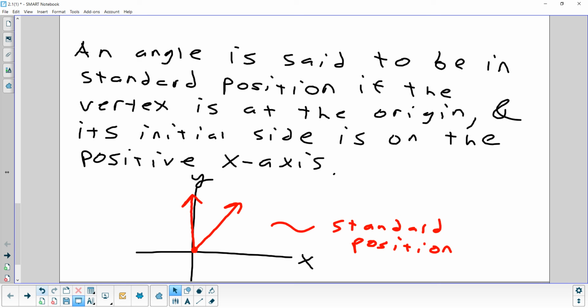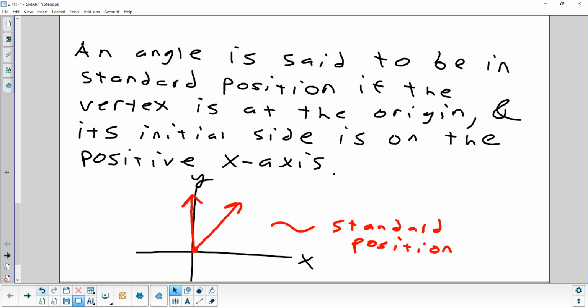What do you think, Ben? Is that standard position? Yes. How come? What are the two criteria that it has to meet? The vertex is at the origin.